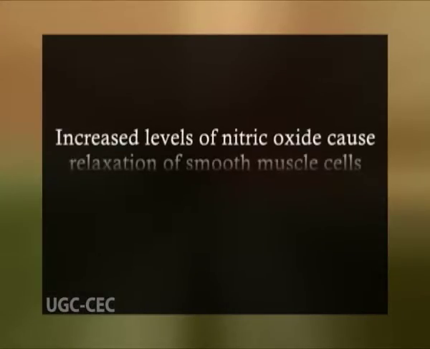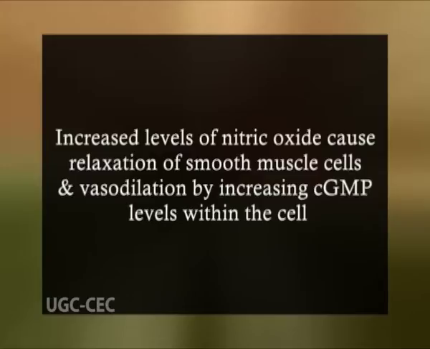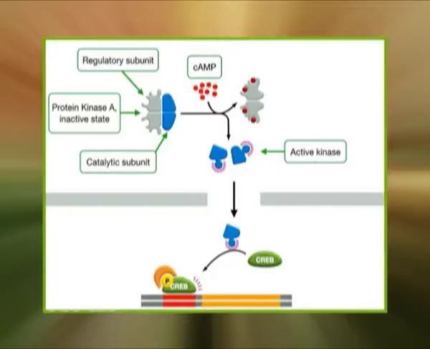Similarly, increased levels of nitric oxide cause relaxation of smooth muscle cells and vasodilation by increasing cyclic guanosine monophosphate levels within the cell. Increasing cyclic adenosine monophosphate levels can modulate signaling pathways by activating the enzyme protein kinase A.